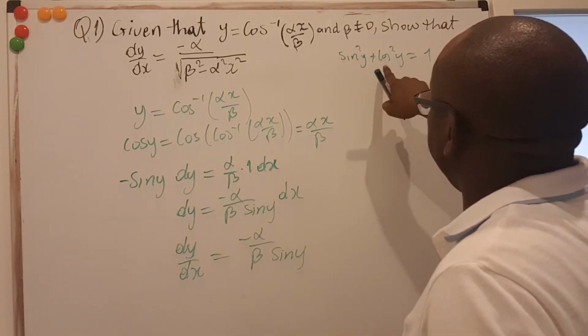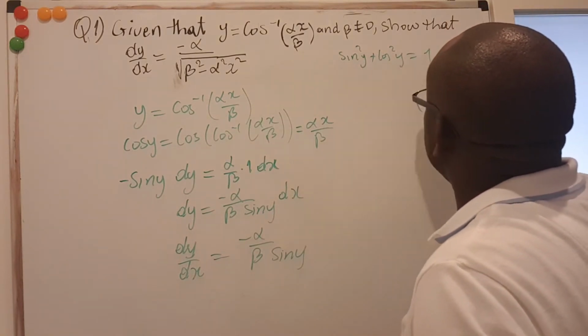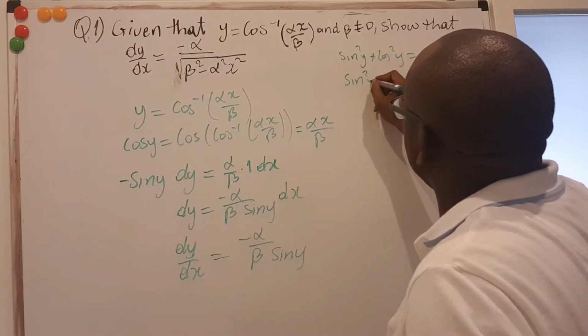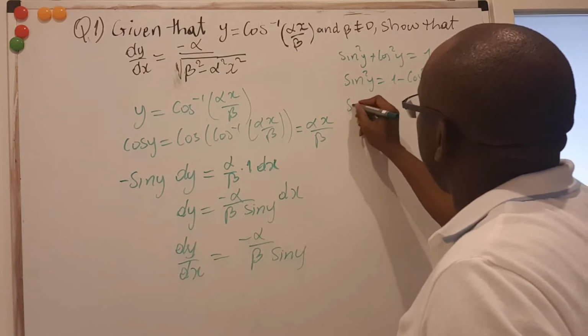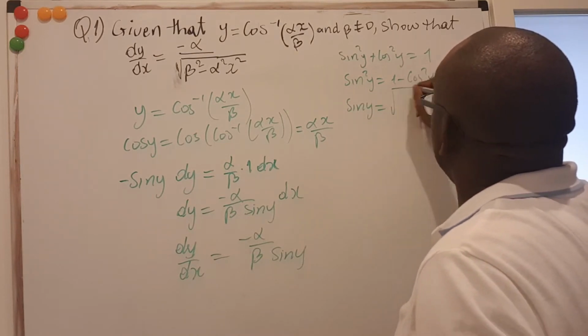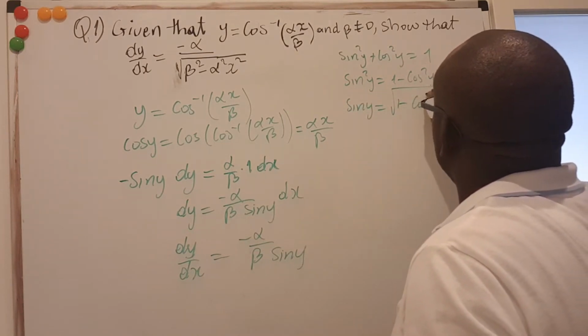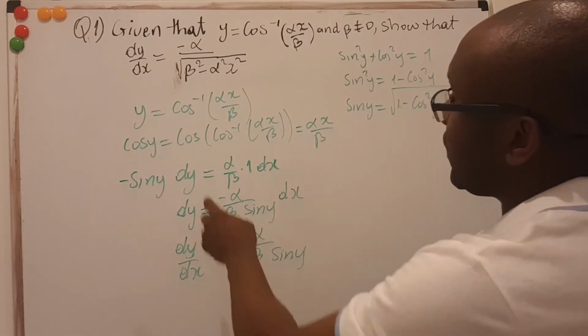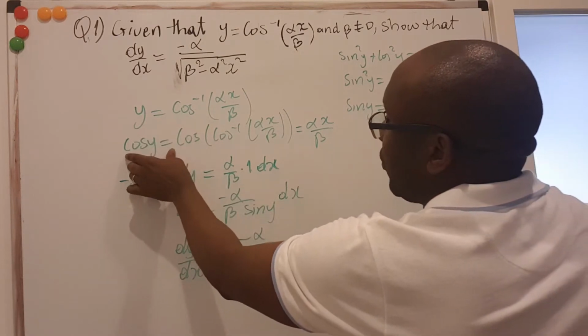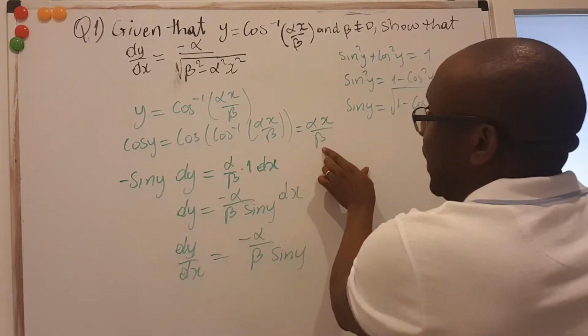So I can take this one this way. So my sine squared y is equal to 1 minus cos squared y. So that my sine y is equal to the square root of 1 minus cos squared y. Of course, I already saw here that my cos y was equal to alpha x on beta.